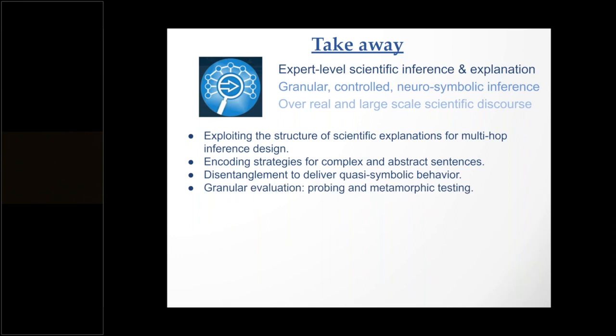And then doing the granular evaluation, so not only relying on F1 scores, but also using emerging methodologies such as probing and metamorphic testing to understand what is going on in this latent space. And then putting it all together into complex inference solvers, right? So what we see is that prior knowledge is very important to deliver efficient generalization under very complex inference scenarios. So how to do that in a declarative way.